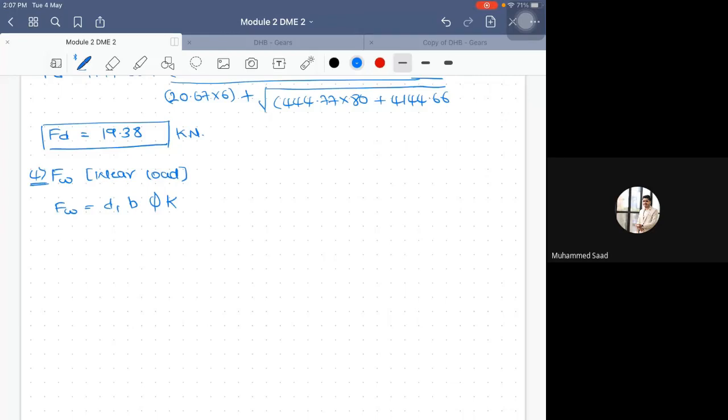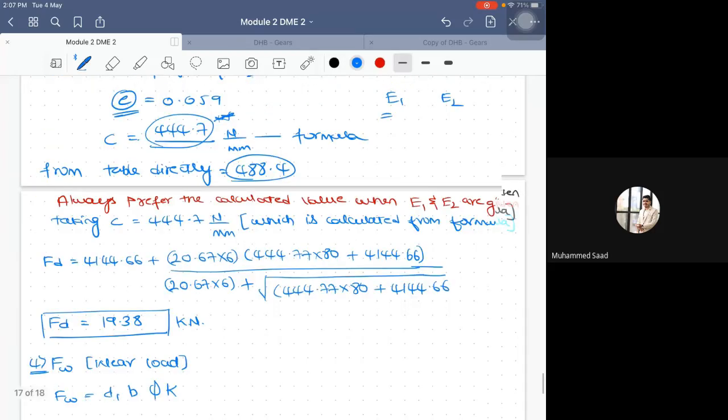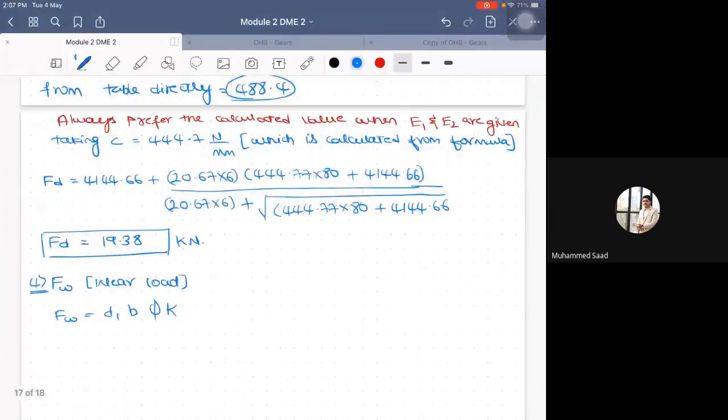Since the design is based on gear or pinion for this particular problem, I forgot. One is based on gear. Now, do you know the value of d1? What is the value of d1? It is 120 mm, isn't it?